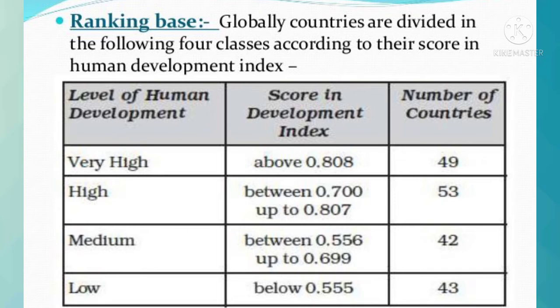And in the medium human development, 39 countries are there, out of which India is also one country, having a human development index of around 0.550 to 0.700. And around 38 countries are standing on the low human development index, which are below 0.549.